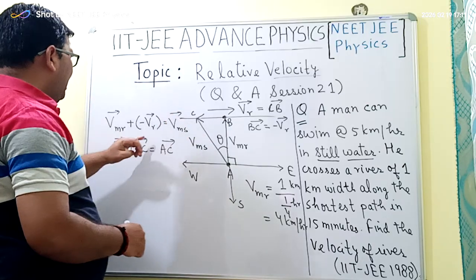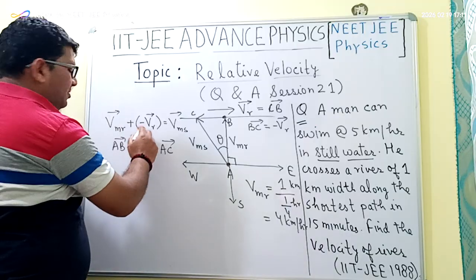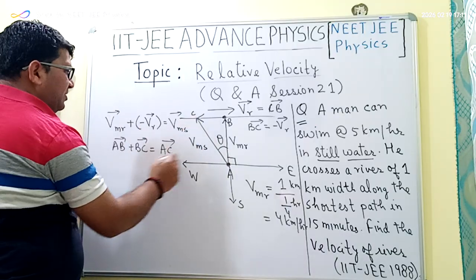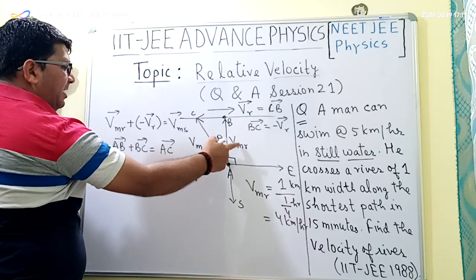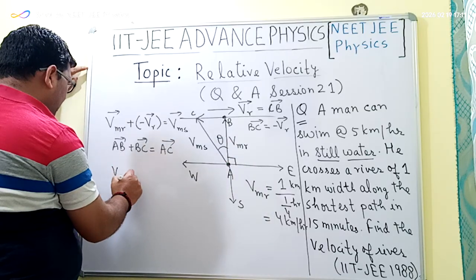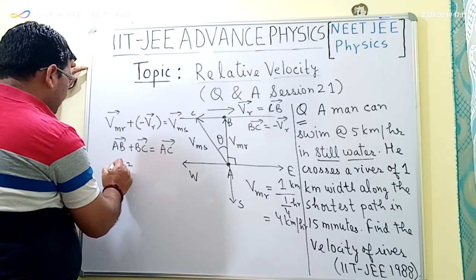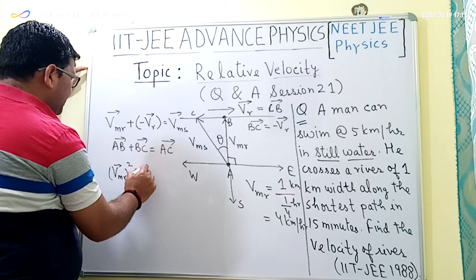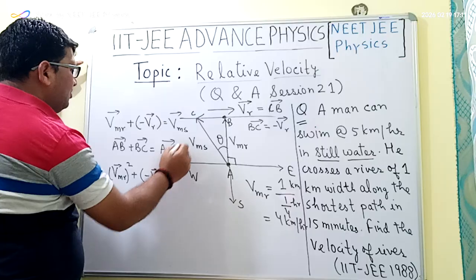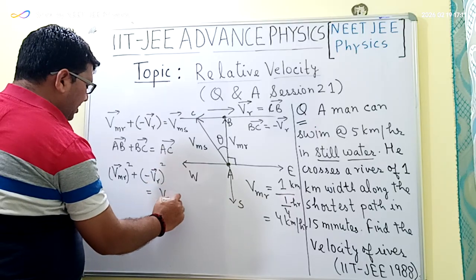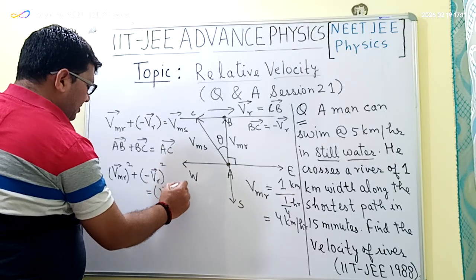Now if I have to find the magnitude of the velocity of the river, then I can write that VMR square plus VR square is equal to VMS whole square.